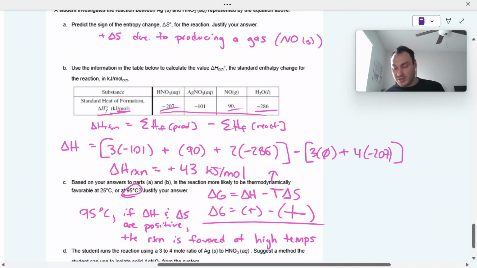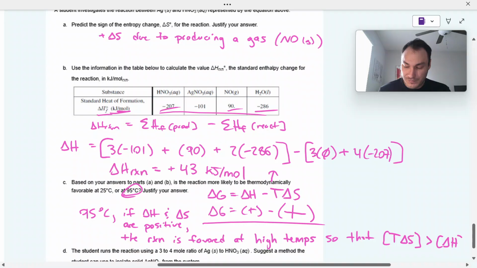And I've seen this phrasing used a lot in official answer keys or scoring guidelines. So that T times delta S is greater than delta H. So that's a good way of saying what we just visualized using this equation up here.